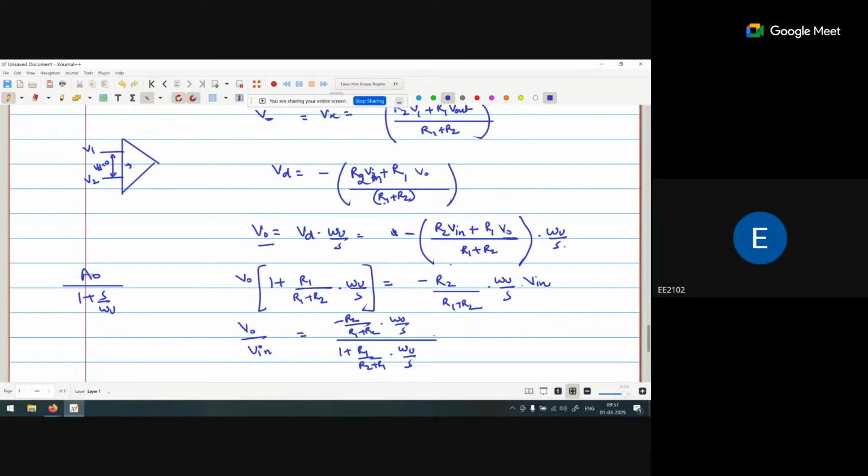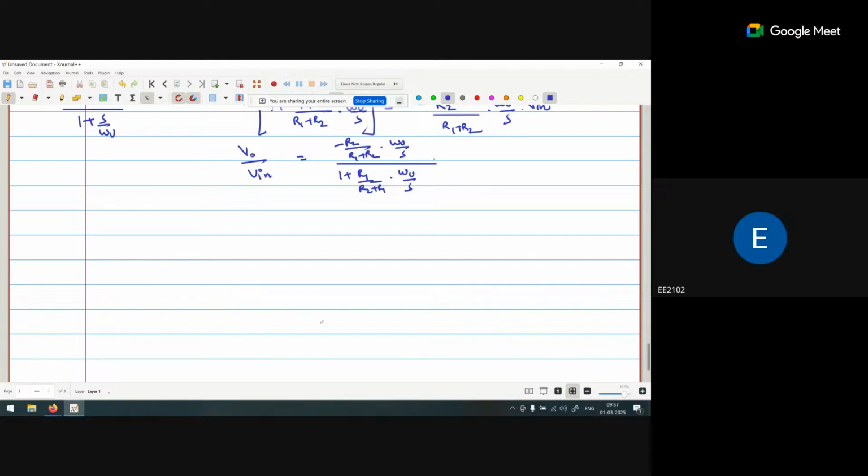I represent this in another way. I take a common omega U by S from the numerator and denominator, so it becomes minus R2 upon R1 plus R2, upon S upon omega U plus R1 upon R1 plus R2.